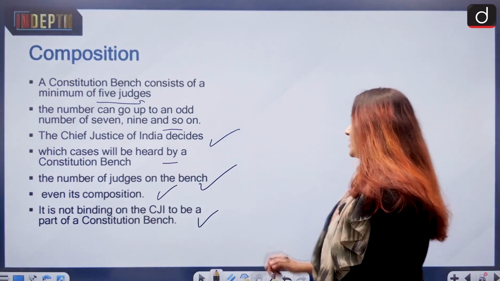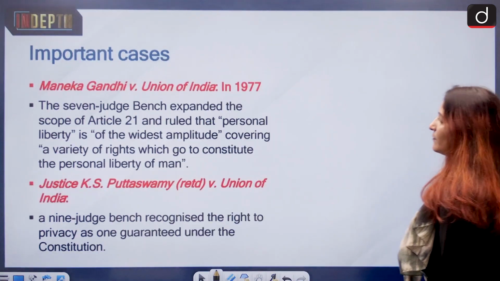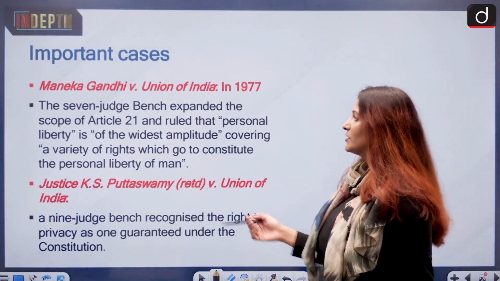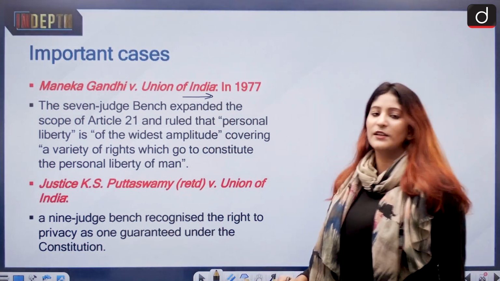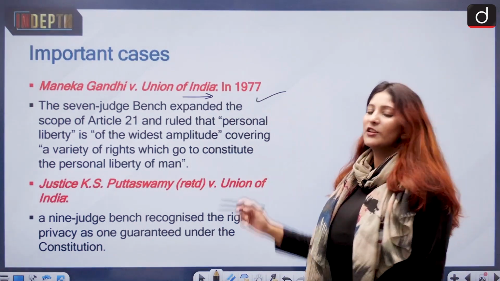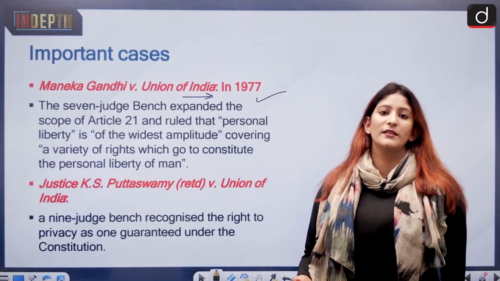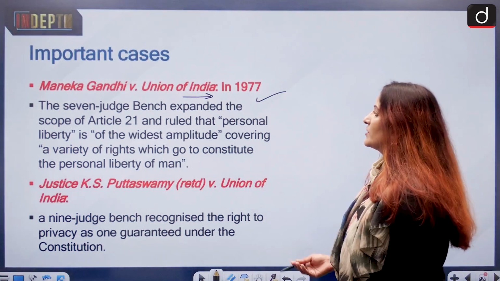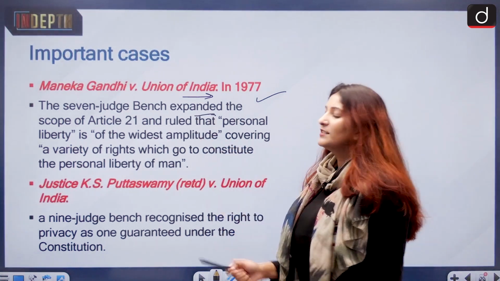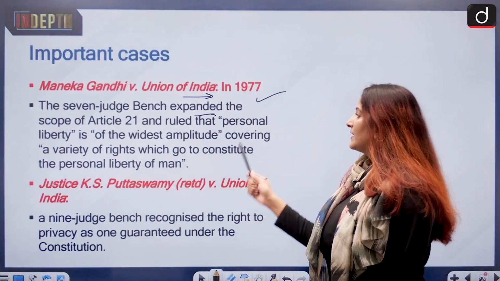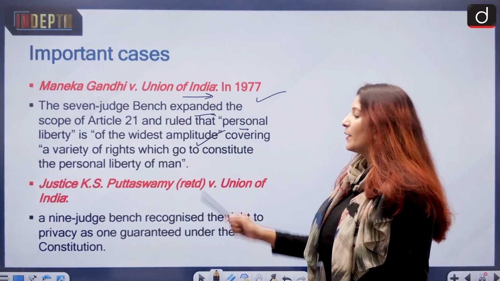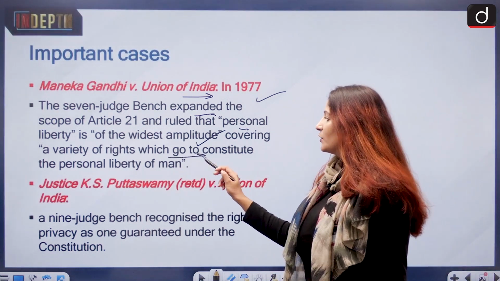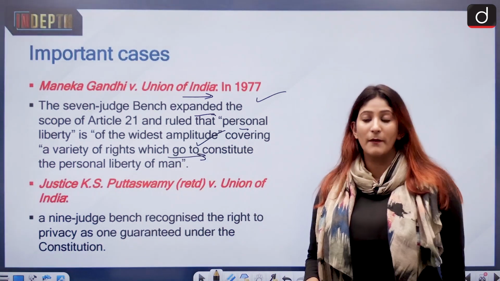Remember that. All right. Moving ahead, if we talk about the important cases decided by constitution benches, how can we forget Maneka Gandhi versus Union of India in 1977, in which the passport of Maneka Gandhi was not being returned by the Centre. The 7-judge bench expanded the scope of Article 21, saying that personal liberty is of the widest amplitude, and that it covers a variety of rights which go to constitute the personal liberty of man.